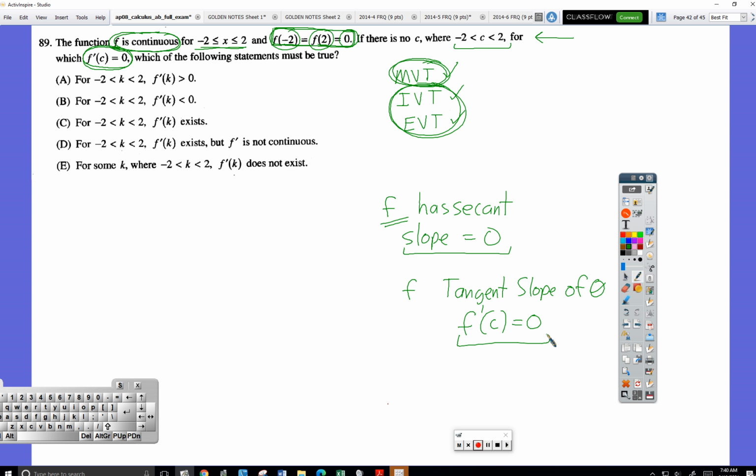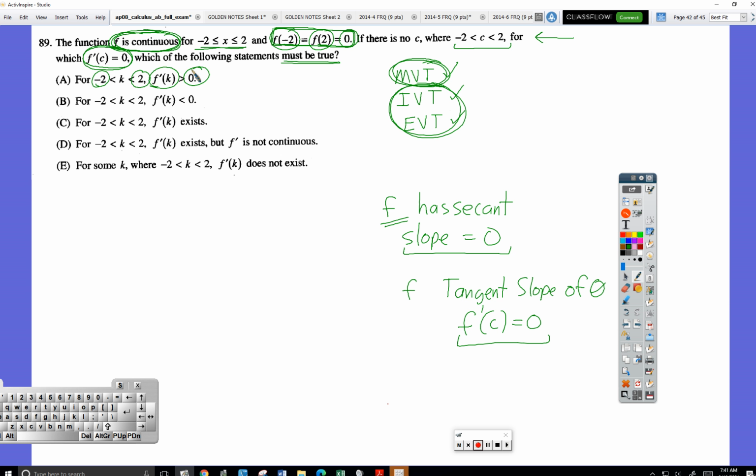But the mean value theorem is only valid if the function f is both continuous and differentiable. So we're already on guard for that kind of an idea. So which of the following statements must be true? From this x to this x, is it true that the slope of f must always be positive?